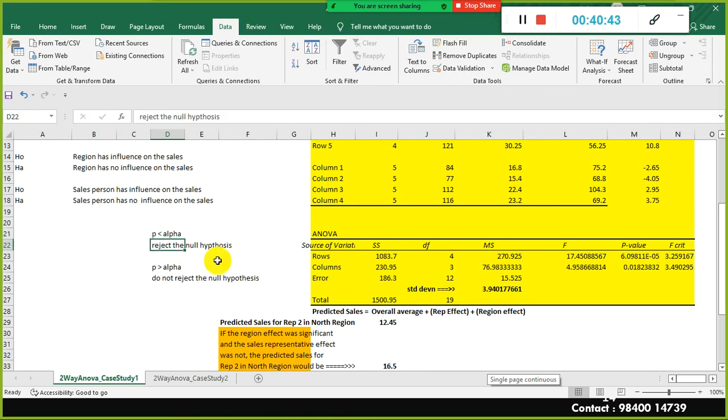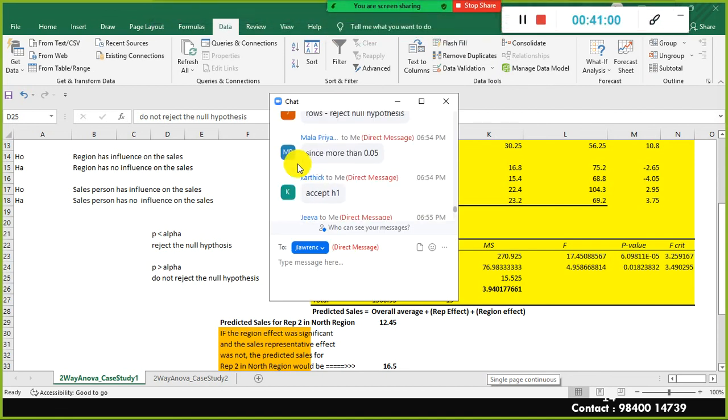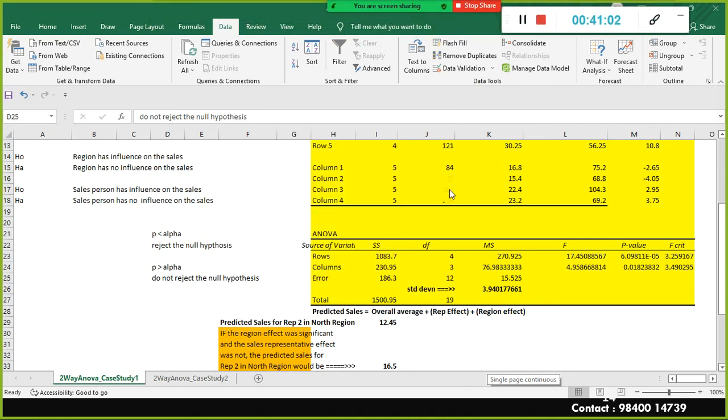P is less than alpha, reject the null. This is what I've been telling for the last 2 weeks. P is less than alpha, reject the null hypothesis. P is greater than alpha, don't reject the null hypothesis. Mala was saying that since more than 0.05, why are you comparing F value with P value?